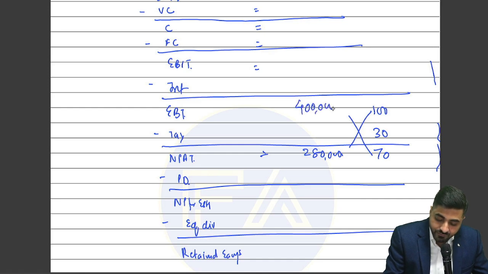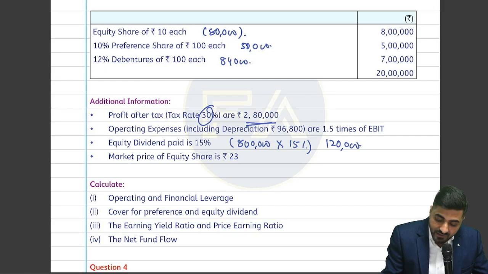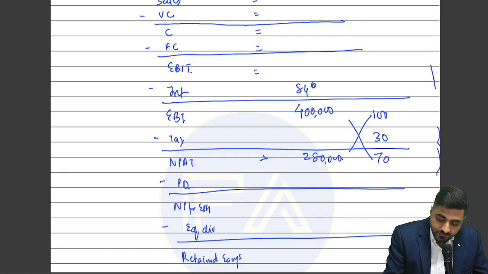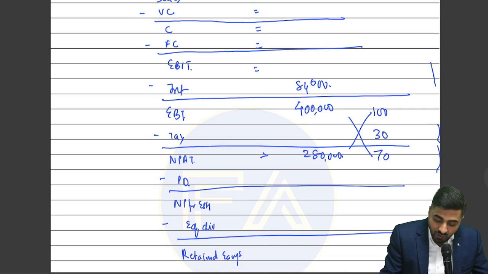now give me this total amount. Very good. Have I already calculated my amount of interest? What is my amount of interest? So this is 84,000. Correct? Are you all convinced with this much part? Now also please tell me what is the amount of the preference dividend.